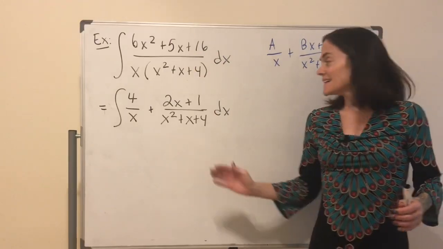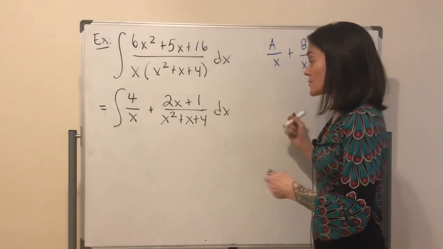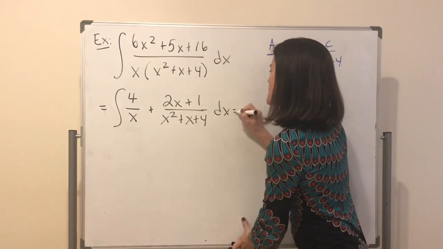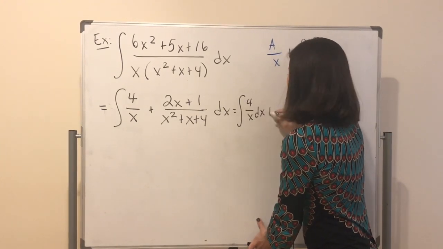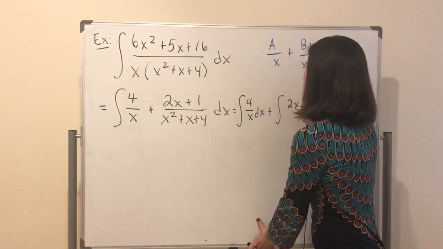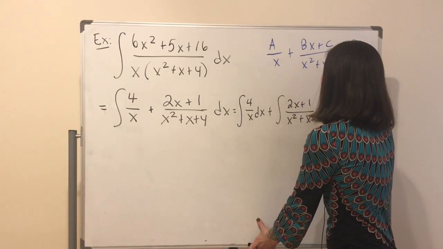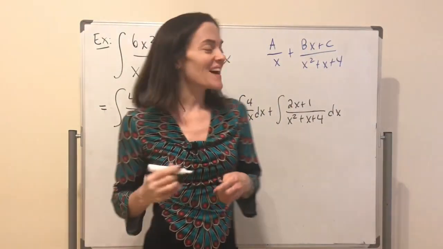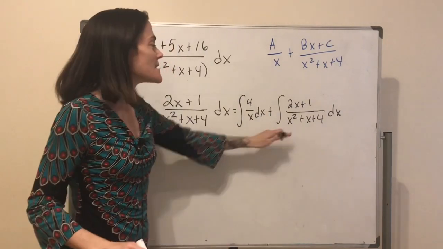Now I will break this into 2 integrals just so that when I work on this term, it's clear. So I will write it like this, 2x plus 1 over x squared plus x plus 4 dx. Well, this first one we know is 4 ln absolute value of x.